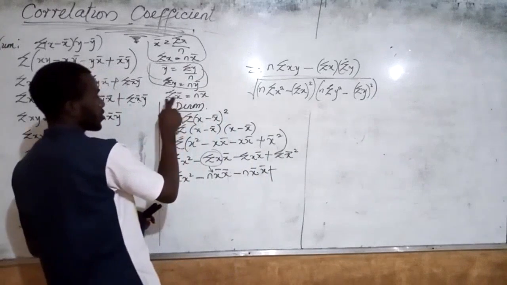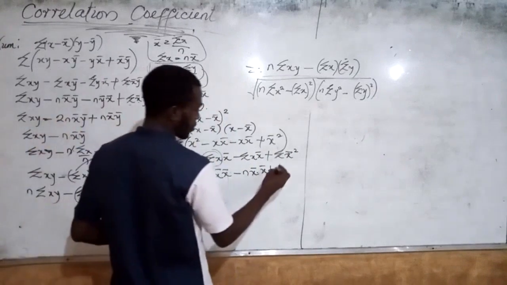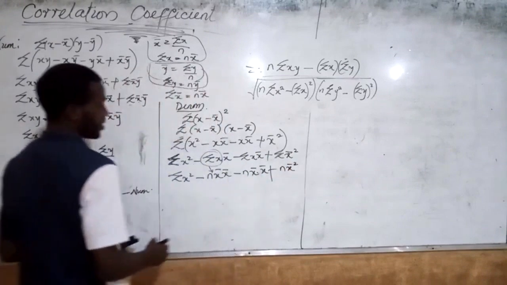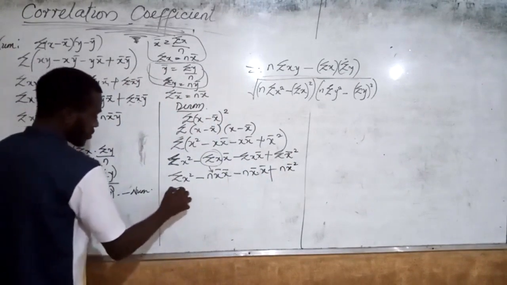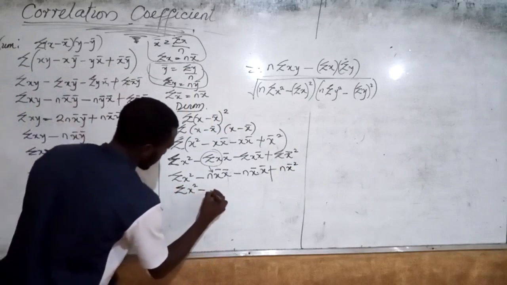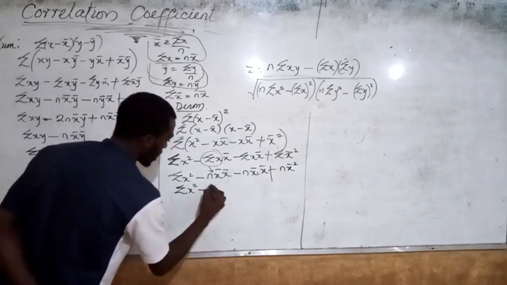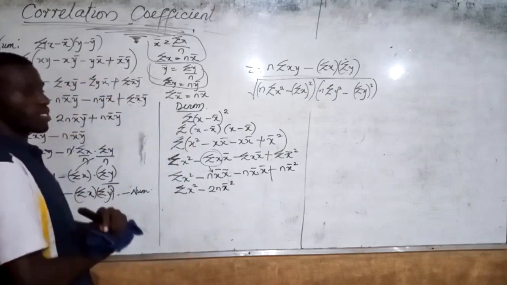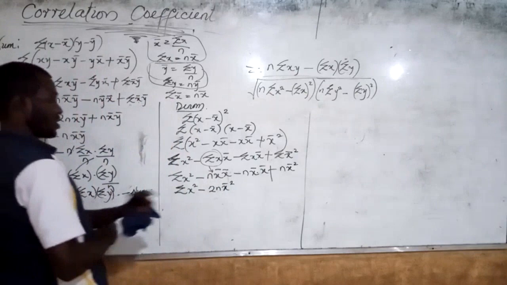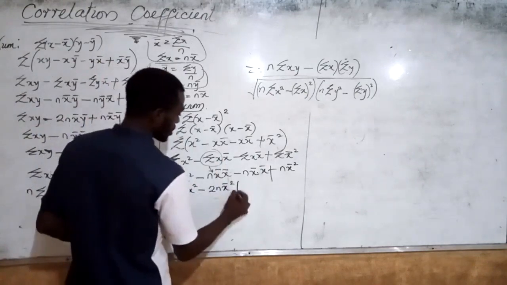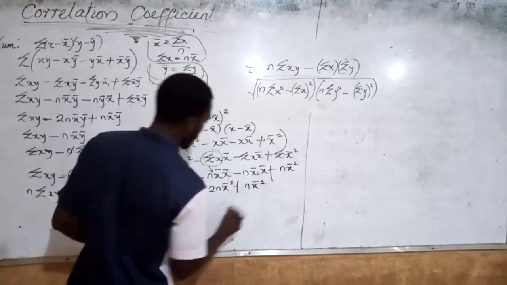From here we know that summation x bar is n x bar. So if summation x bar is n x bar, then this can be n x bar squared. Okay, so this becomes summation of x squared minus 2n x bar all squared, because when x bars multiply each other, they give x bar squared, then plus n x bar squared.